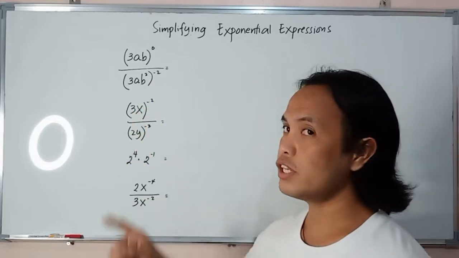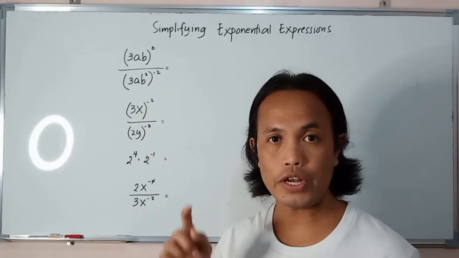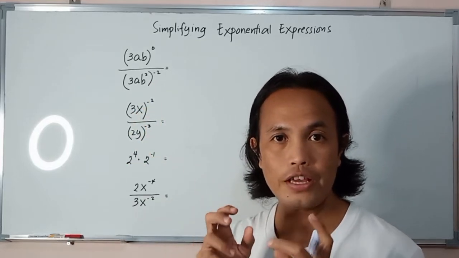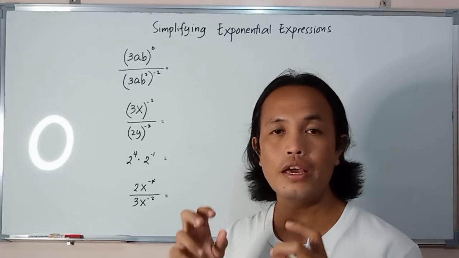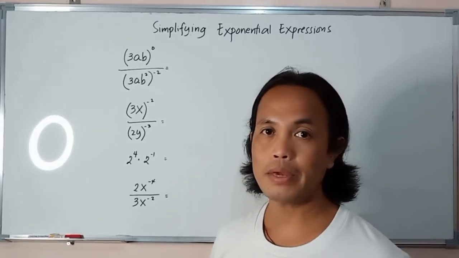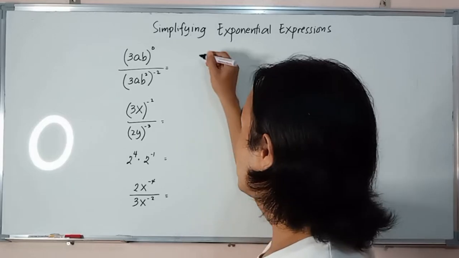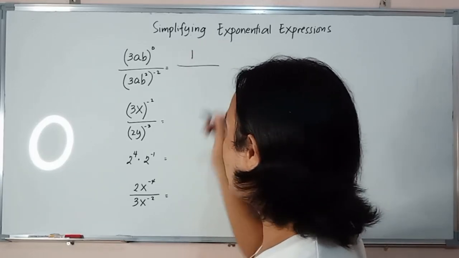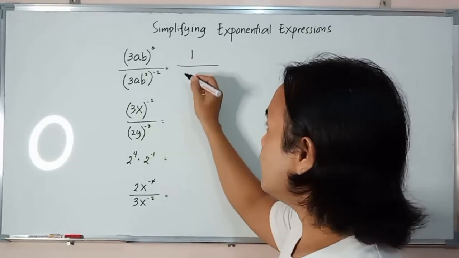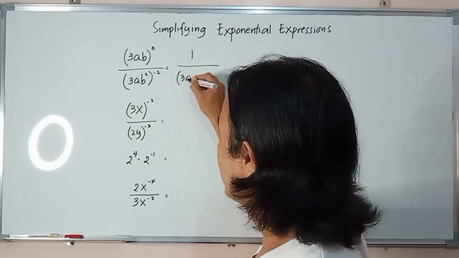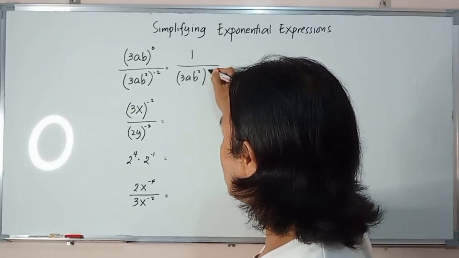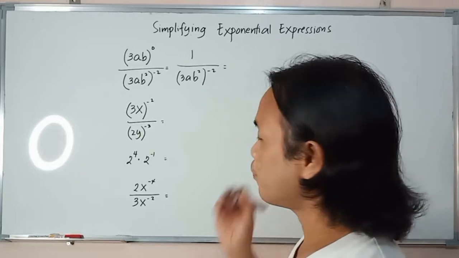And in this example, since we have (3ab)^0, that means the quantity 3ab is being raised to 0. So that means the numerator is just equal to 1. Then we copy the denominator, (3ab^2)^-2.